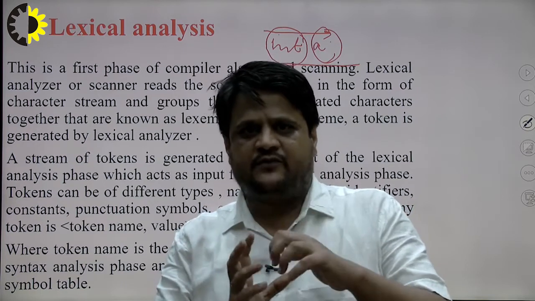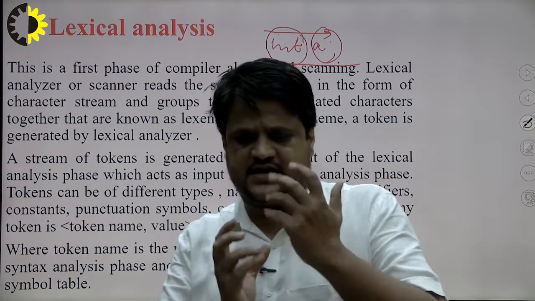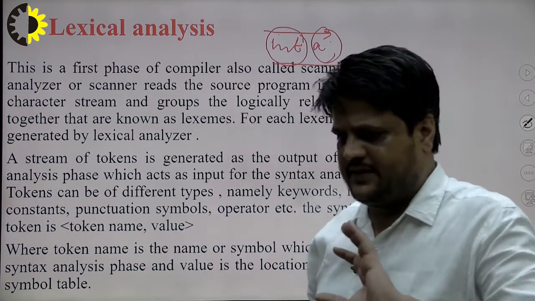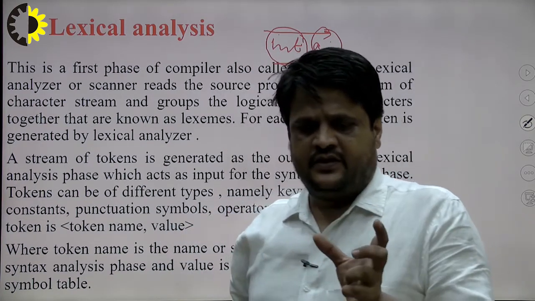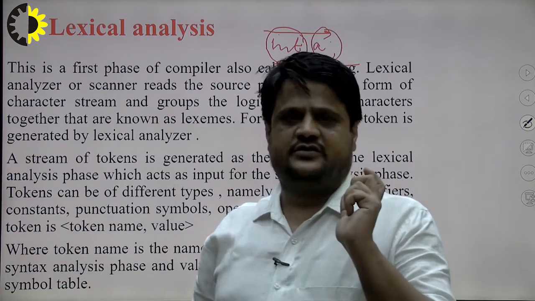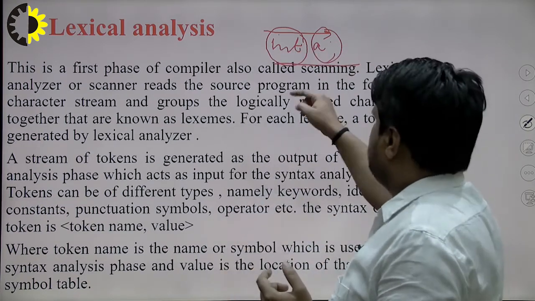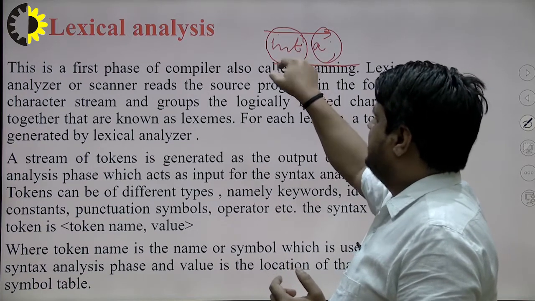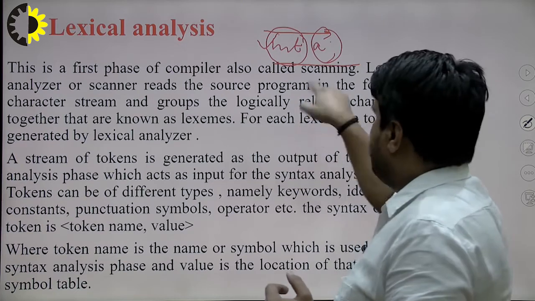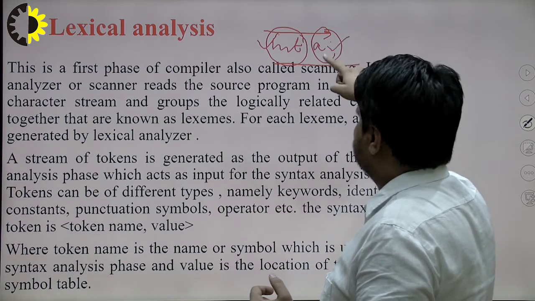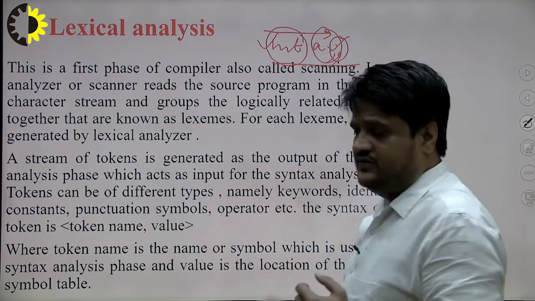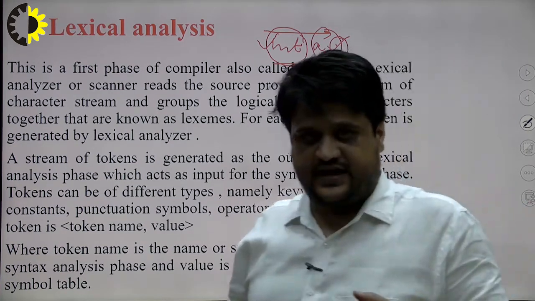Basically, with the help of patterns, an automaton, or a regular expression, it can identify whether the character stream written inside the source program is logically related or not. After looking at a particular pattern, it can identify this is logically related, and this is also logically related.